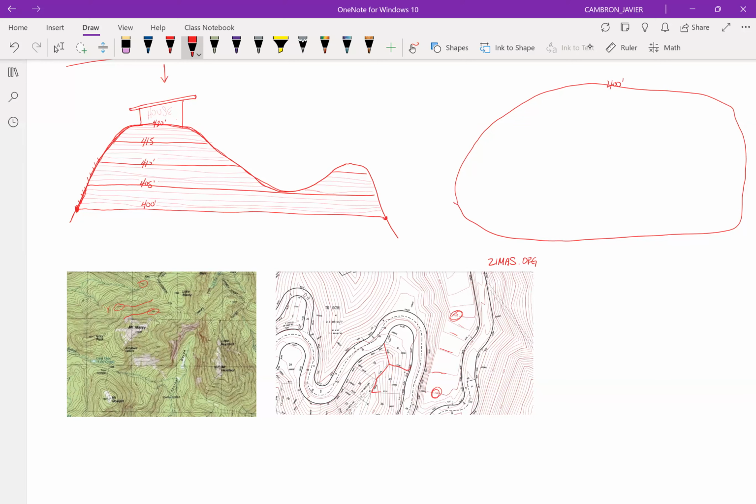Now that's going to look closer, probably going to be around here. And let's go ahead and go 405 feet. We'll go 410 feet. Now watch what happens with my 410 foot. I have a marker there, there, and there.